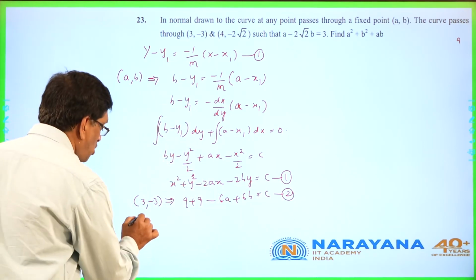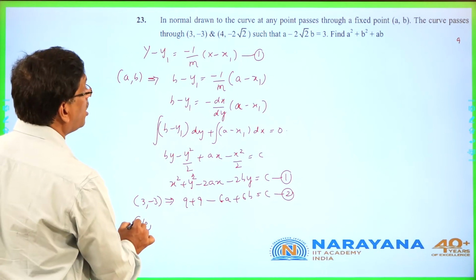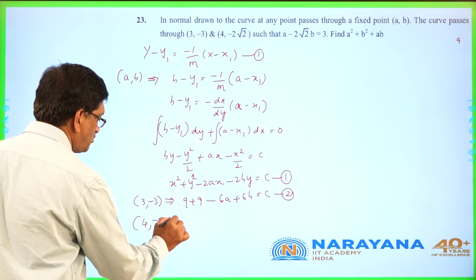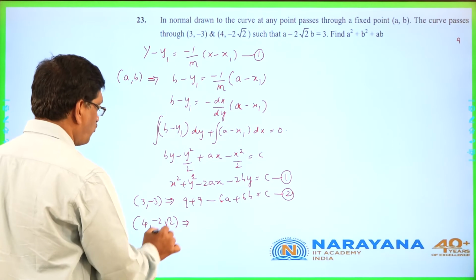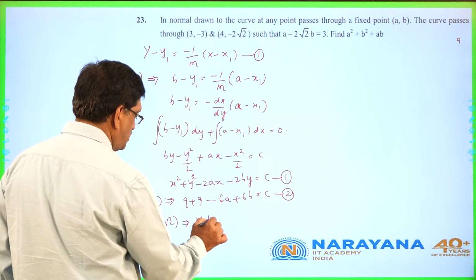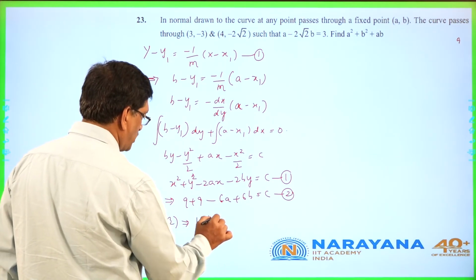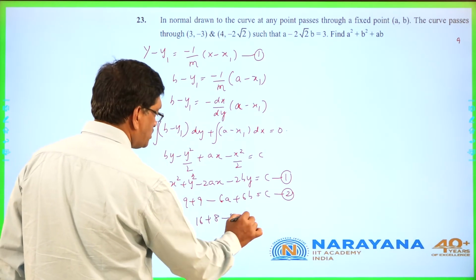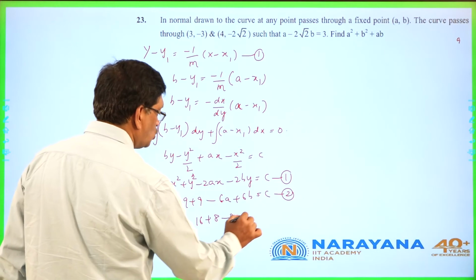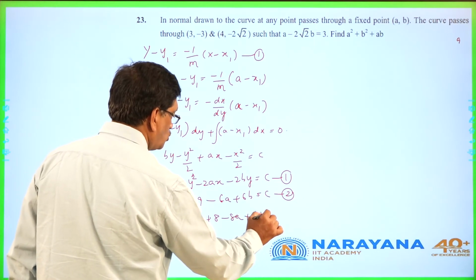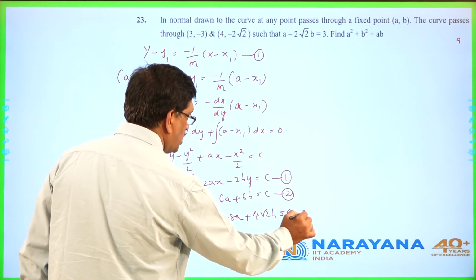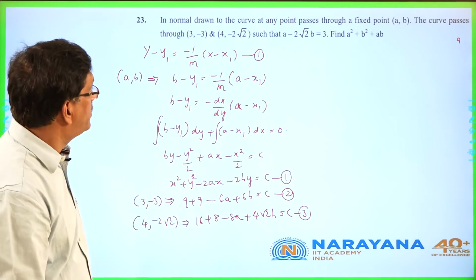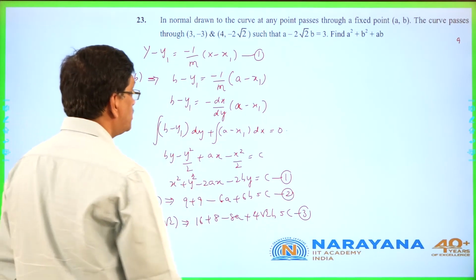It passes through another point given, 4 comma minus 2 root 2: 16 plus 8 minus 8a plus 4 root 2 b equal to c.